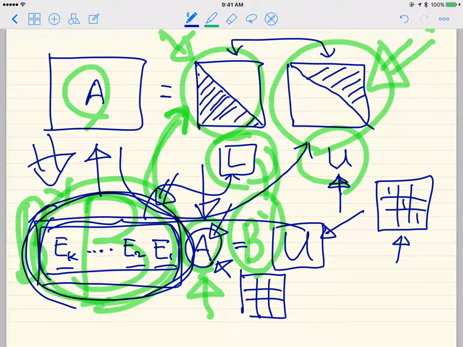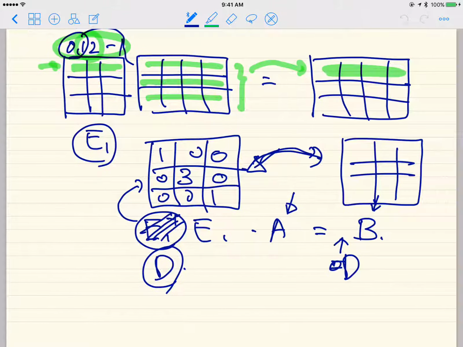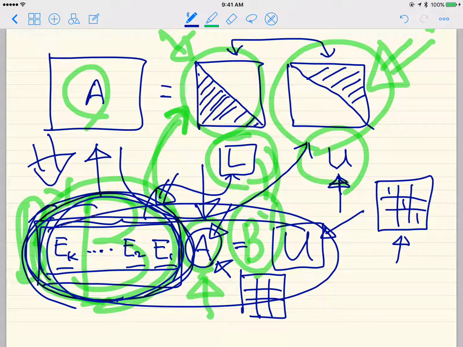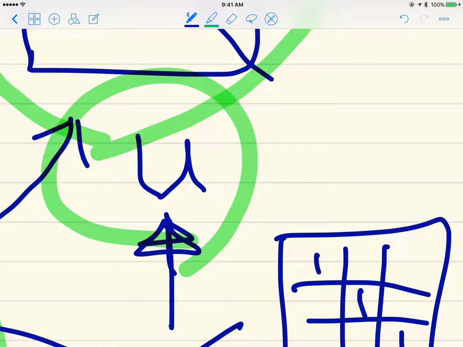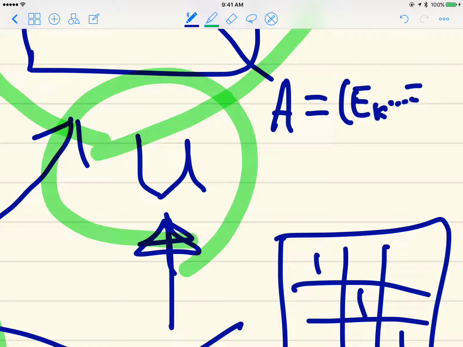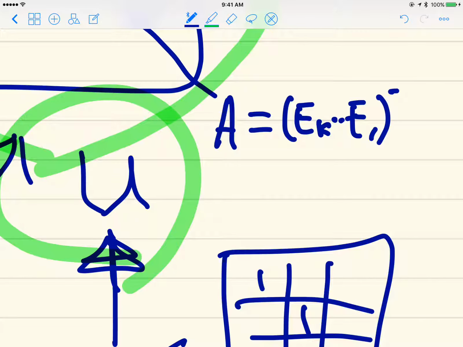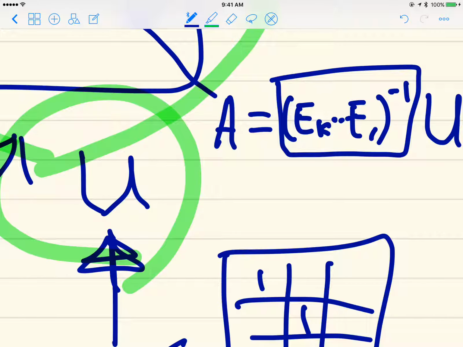And so we can always multiply by the inverse of it, so that we can represent this as A equals the inverse of Ek through E1, times U. So U is an echelon form, and the left part is the inverse of each elementary matrix.